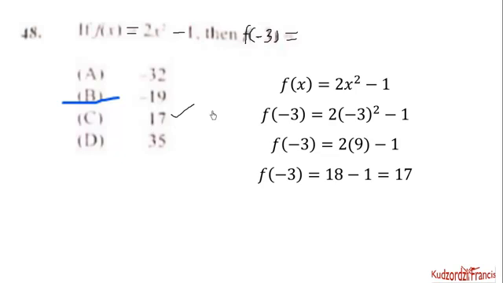So the correct answer is C, not B. Even if it is negative here, you are going to get negative of 18 minus 1, and that will give you negative 19. But from this, I'm sure the function is 2x squared, not negative 2x squared. So the correct answer is option C.